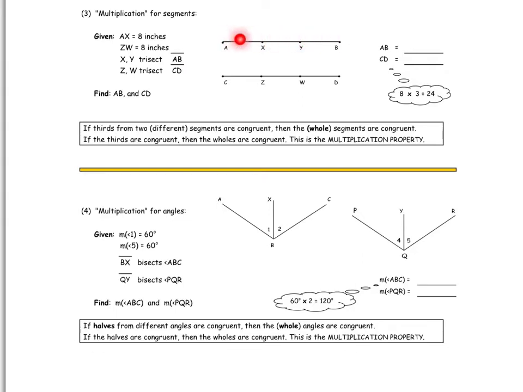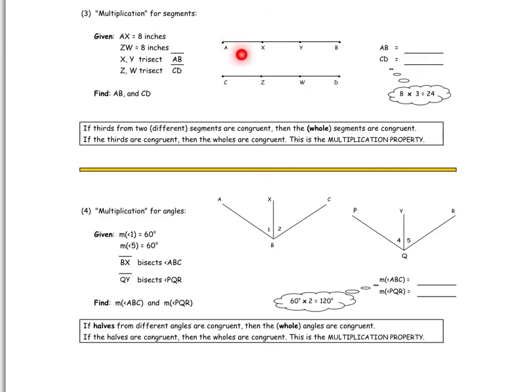So if AX has 8 inches, then 8 times 3 is 24, the number of inches in AB. Similarly, if I tell you that ZW has 8 inches, and Z and W trisect CD, then I know that CD is made up of 3 of these, and 8 times 3 gives me 24 for CD as well.